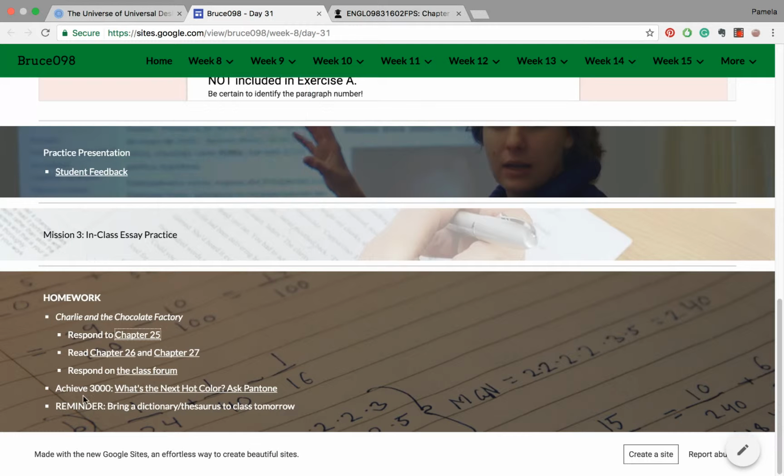Another thing that they can do if they find themselves with idle time is work on their Achieve 3000 for the day. Every day they have an article that is assigned to them on Achieve 3000, which is a great resource, especially for struggling readers, whether they're speaking English as a second language or not.